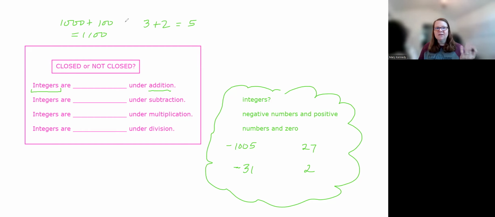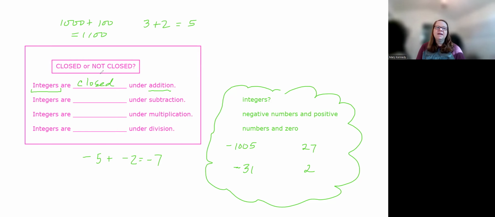Even if we did negative 5 plus negative 2, we get negative 7. That's an integer. So we would say integers are closed under addition, because we have this closed set of numbers to choose from. I'm trying to give you a reason to remember that it's closed: it's like this closed set that we're choosing from, and the answer is in that set.